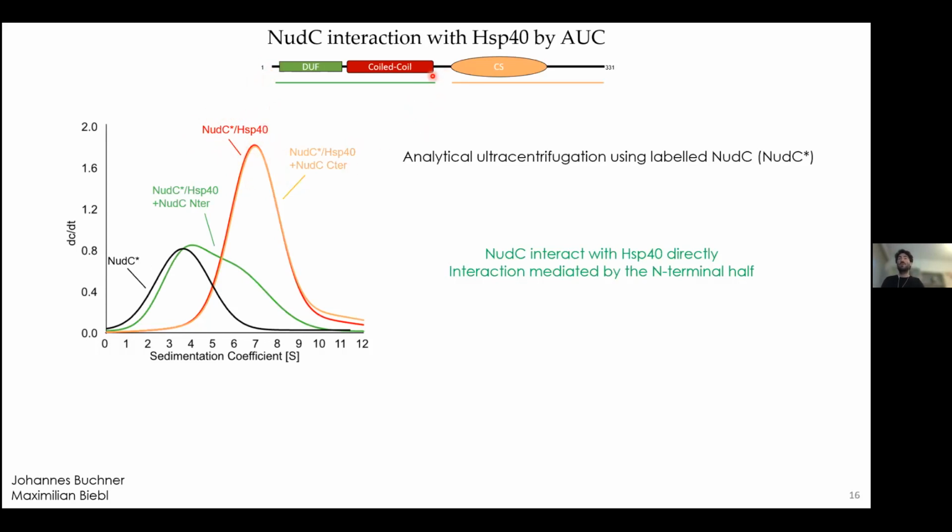So the C-terminal half of NOTC is not able to interact with HSP40. But when we add the first half of NOTC, the N-terminal region, we do have a shift in size of our labeled NOTC. So the N-terminal part of NOTC can compete with full-length labeled NOTC for the interaction with HSP40. So we know that the binding site of NOTC to HSP40 is located in this first half.